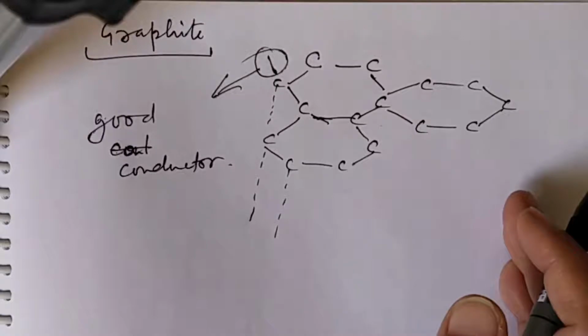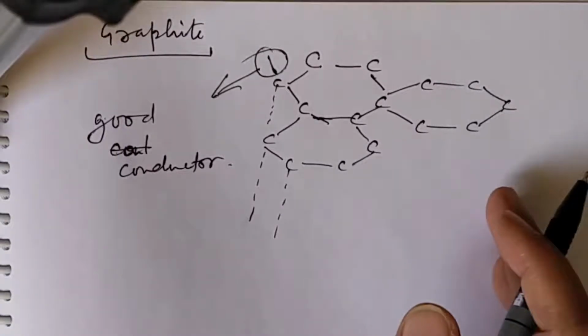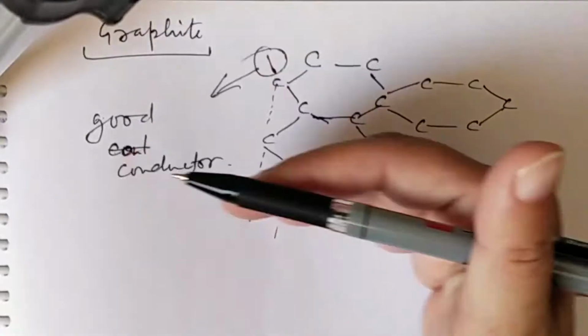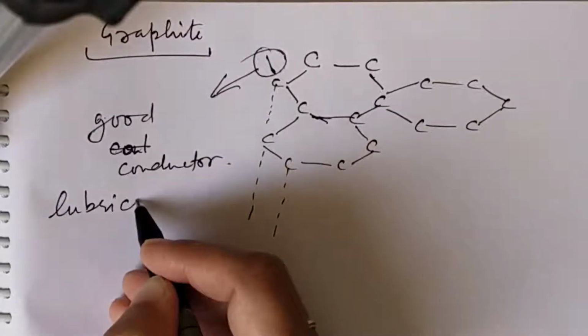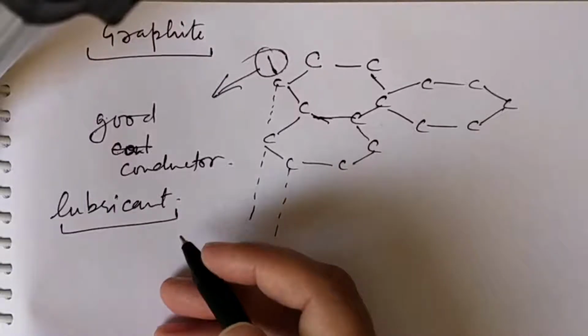If weak forces of attraction are there, one layer can easily slide over another layer and it will act like a lubricant.